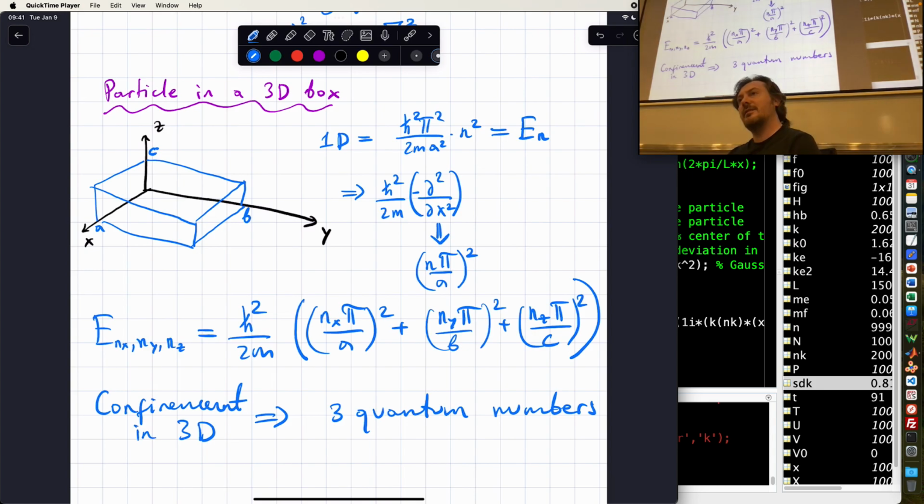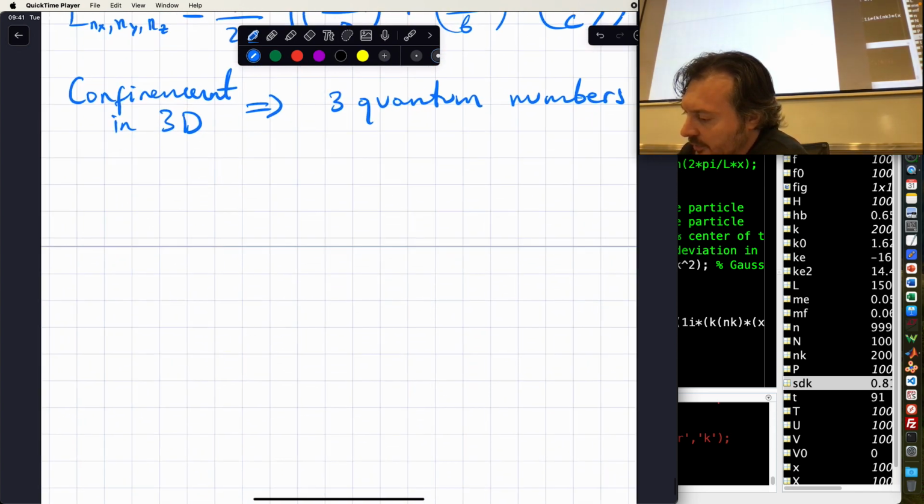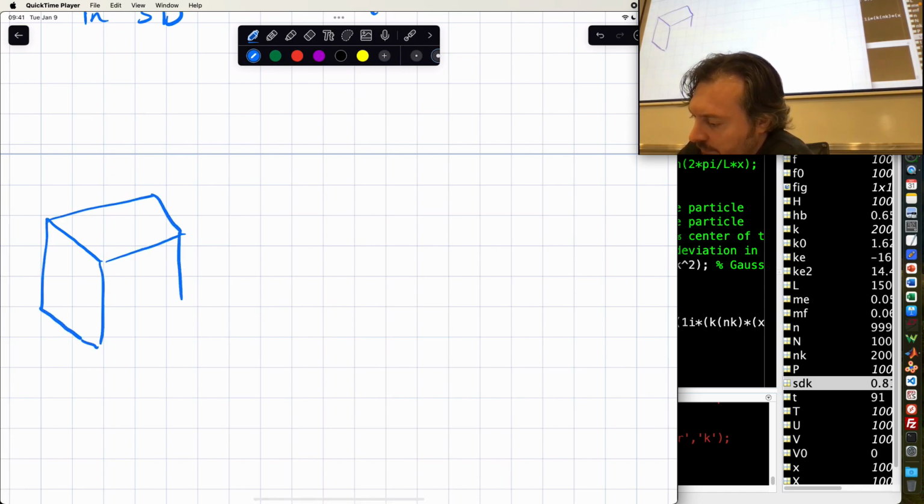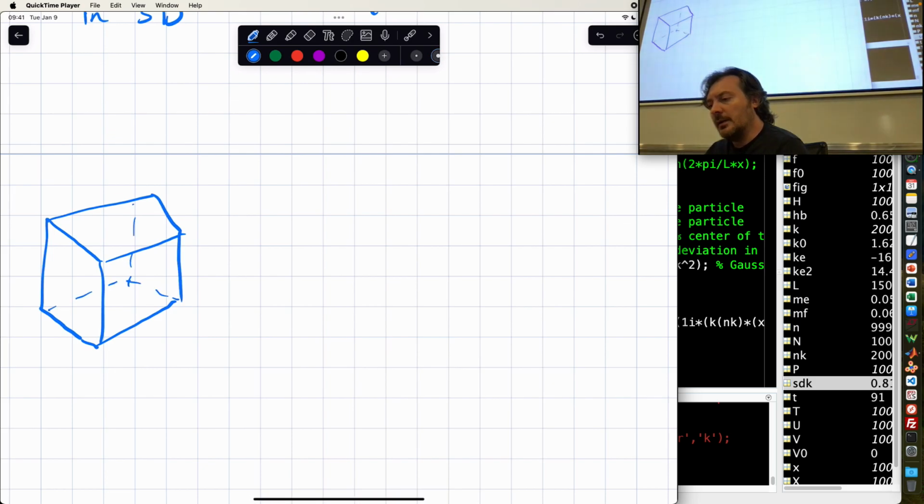Let's look at a simpler case where we don't have different a, b, c. Let's look at a cube. What are the energies of a cube? So a particle in a cube with length a on each side. Will it be really simple? At least you don't deal with a, b, c.